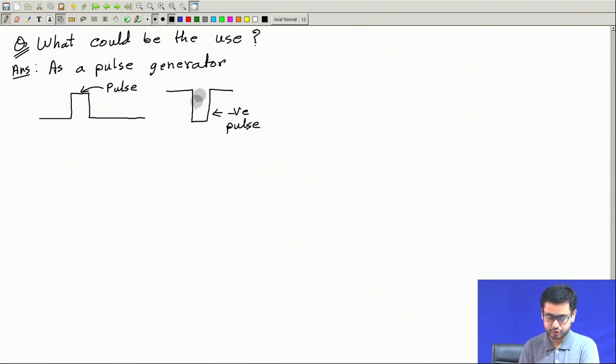So, this type of voltage pattern is called a pulse, and if this pulse is very narrow and the area under this is finite, 1, in that case we call it an impulse. Impulse is a special type of pulse where the duration is very small, but the area is non-zero.